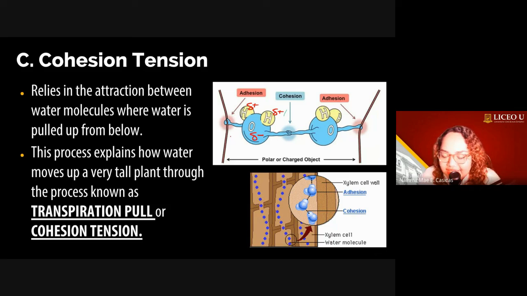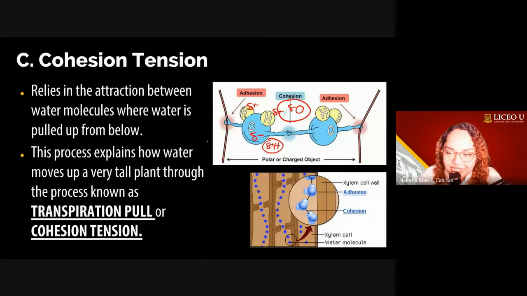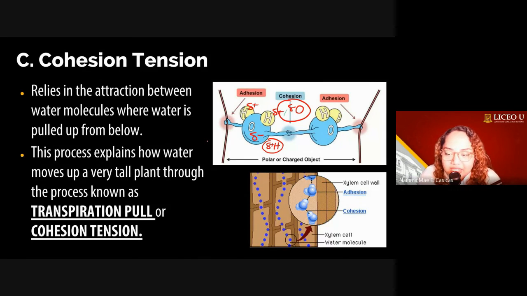Now, as you've learned sa previous lessons ninyo, like charges repel, opposite charges attract. So kung naa kay usa ka water molecule, ang partially negative nga part niini loves to bond with the partially positive hydrogen side sa lain. And ang hydrogen nga partially positive ganahan makigbond sa partially negative oxygen sa another water molecule. So that is cohesion.